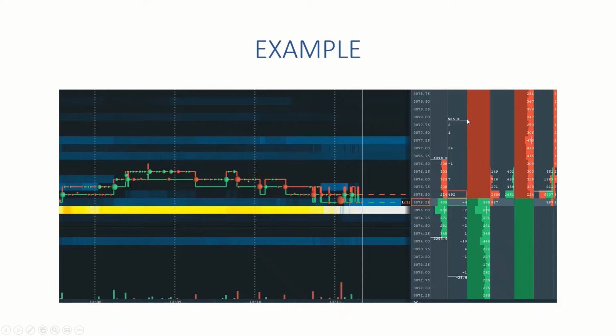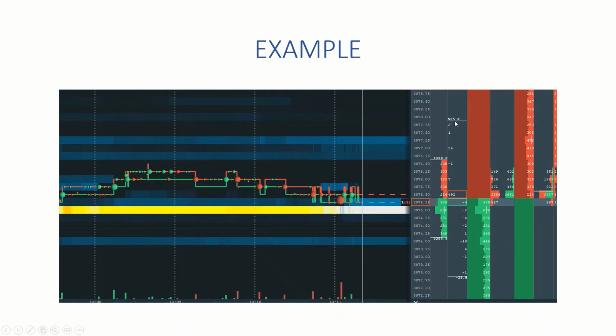Look at this number, 525, meaning that there are 525 more orders to sell than there were previously, and so they are adding to the ask, and more precisely right here at the best ask. And they are pulling instead from the bid.